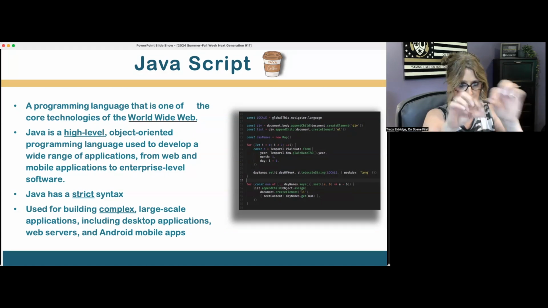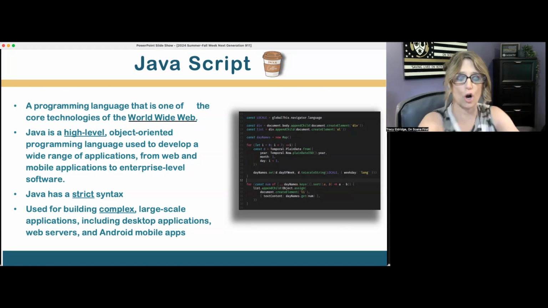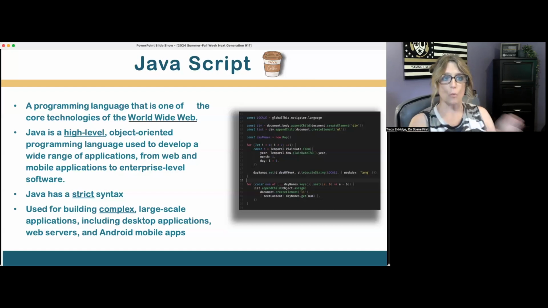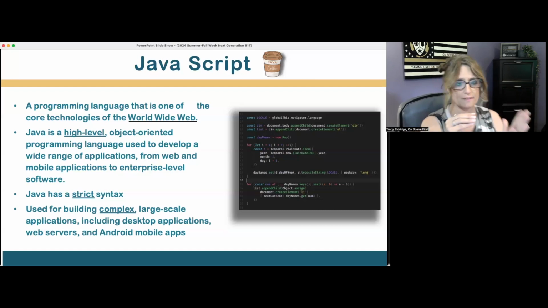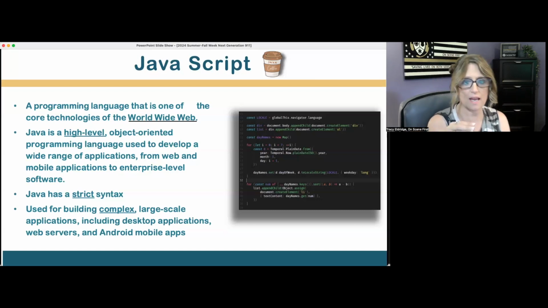Syntax is the way that things are worded, the placement of every period and plus sign and spaces and all that stuff. Very strict. And it's used for building complex, large scale applications, including desktop applications, web servers, and Android mobile.